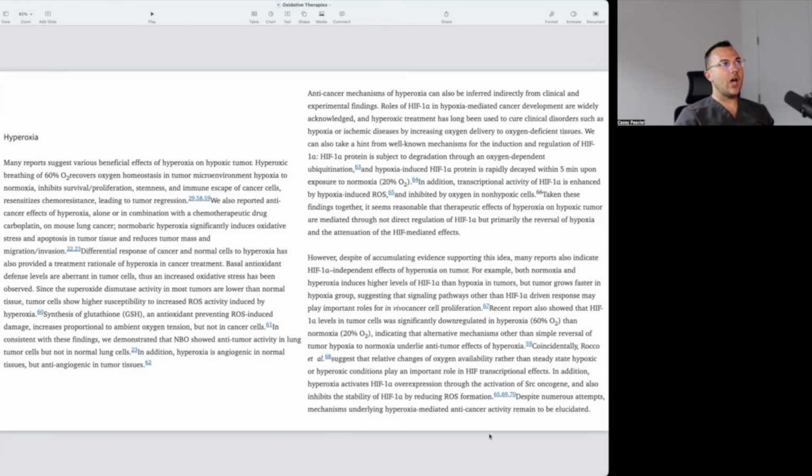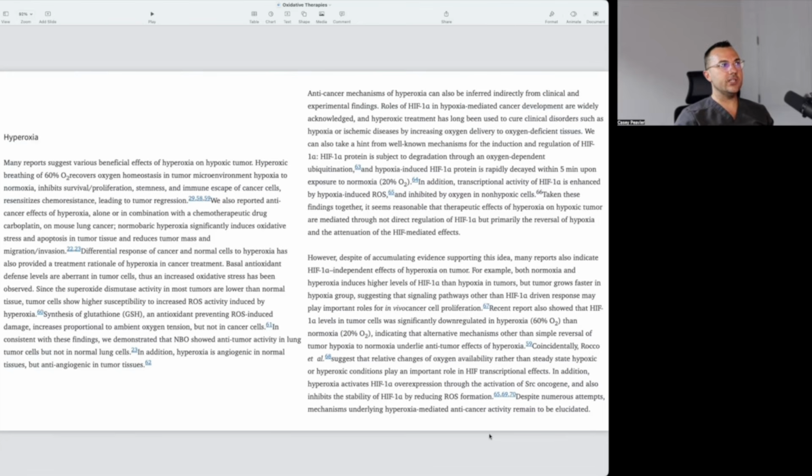Anti-cancer mechanisms of hyperoxia can also be inferred indirectly from clinical and experimental findings. Roles of HIF-1 alpha in hypoxia-mediated cancer development are widely acknowledged, and hyperoxic treatment has long been used to cure clinical disorders such as hypoxia or ischemic diseases by increasing oxygen delivery to oxygen-deficient tissues. We can also take a hint from well-known mechanisms for the induction and regulation of HIF-1 alpha.